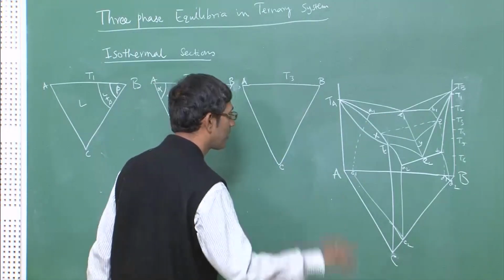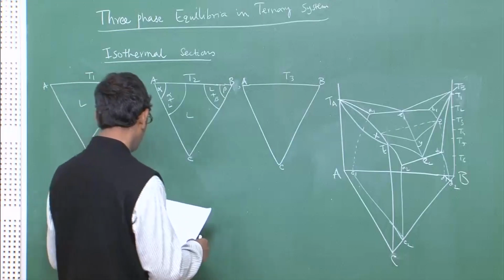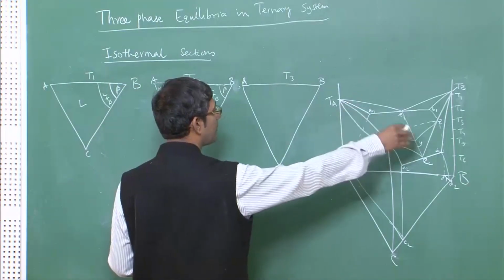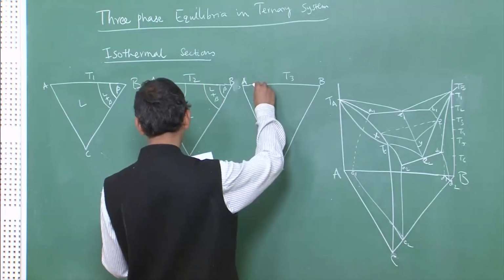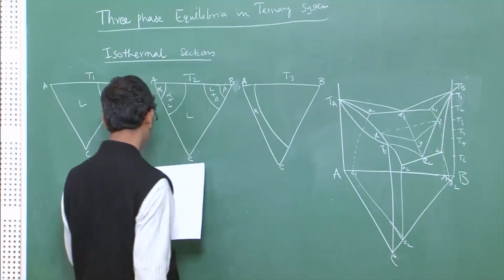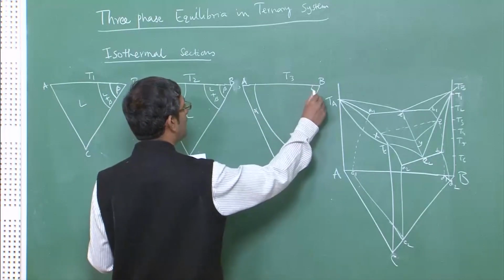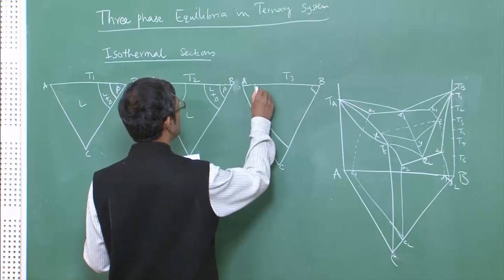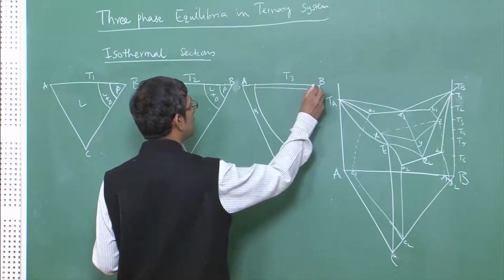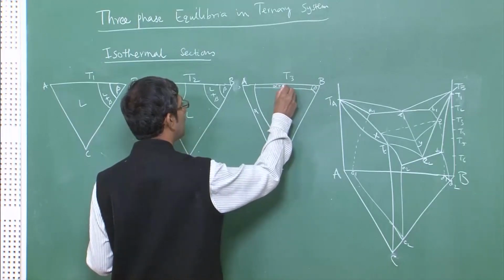So, because of that it will cut the ternary sections, that is why the things will become complex. But because it is lower than this, it will have a large alpha zone, alpha extended, you will have beta, and obviously you will have alpha plus beta also. This is alpha plus beta.